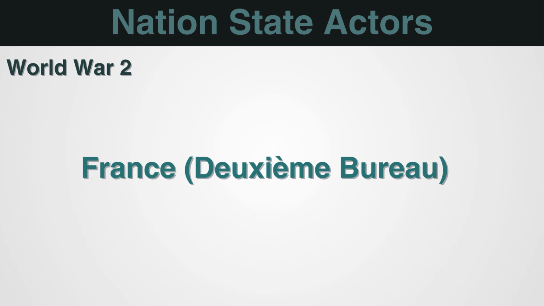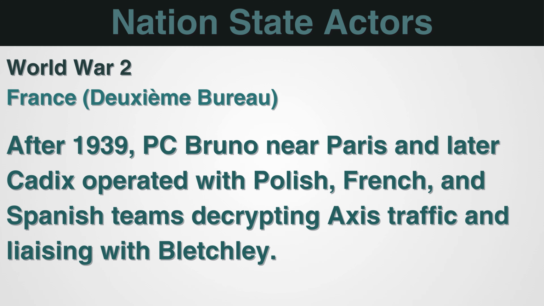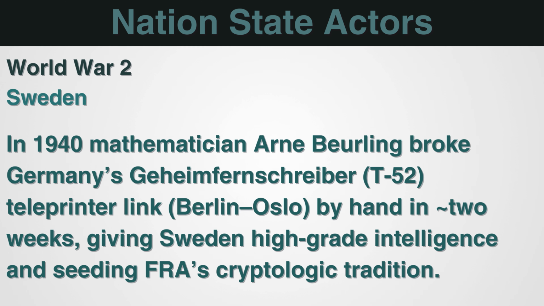Now we have France. French intelligence, Deuxième Bureau, ran agent Asché, Hans-Thilo Schmidt, who supplied Enigma materials. After 1939, PC Bruno near Paris, and later, Cadix, operated with Polish, French, and Spanish teams decrypting Axis traffic and liaising with Bletchley. We have Sweden. In 1940, mathematician Arne Beurling cracked the German Geheimfernschreiber, literally secret remote writer, which was a teleprinter cipher system Sweden broke independently during World War II.